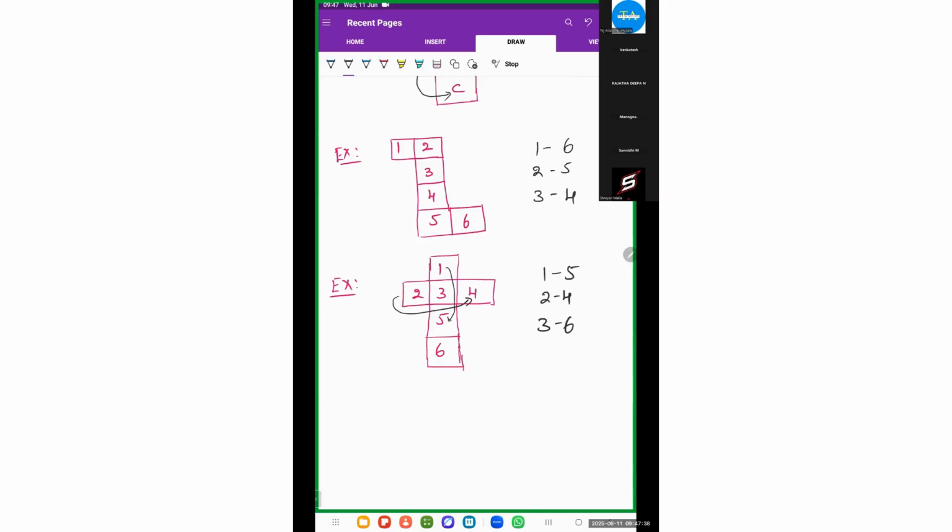Understood? In the previous case, 1 and 6 are opposite because the extension sum is 7. But here the extension sum is not 7. Okay, next, one more example.